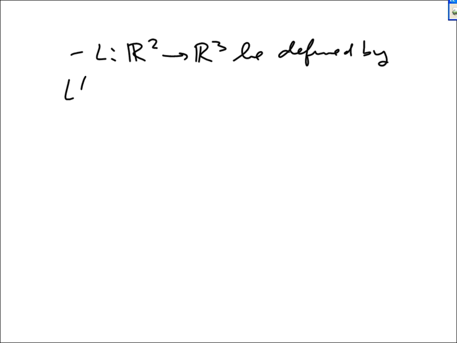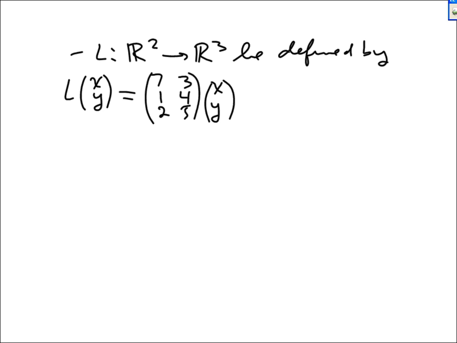Now we let L go from R2 to R3, and it's defined by L of xy in R2 is equal to the matrix 7, 3, 1, 4, 2, 5 times xy. Okay, we should verify one thing.